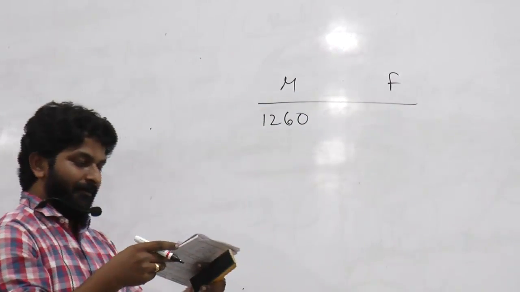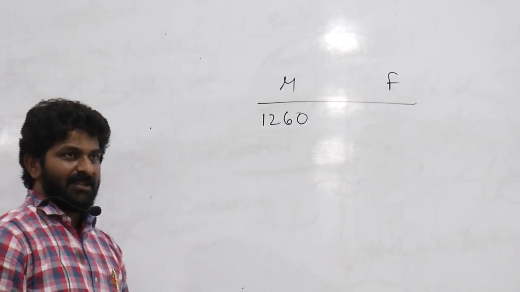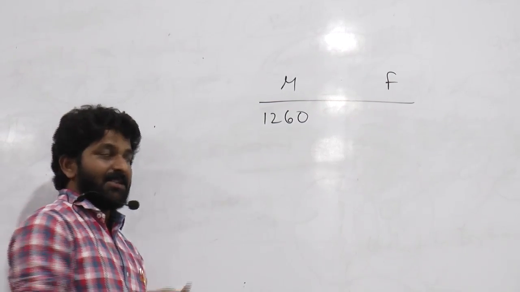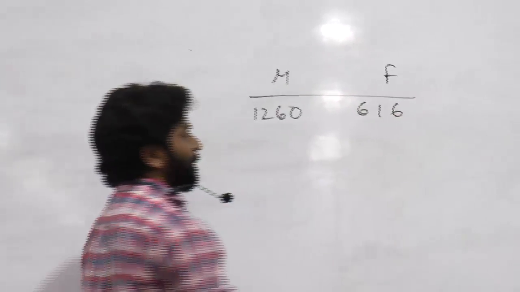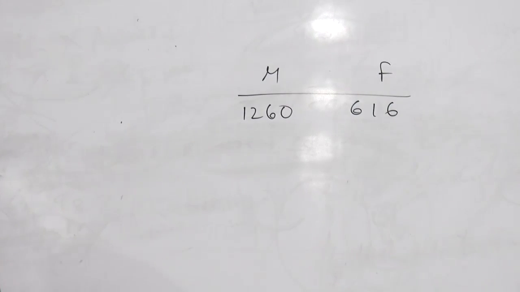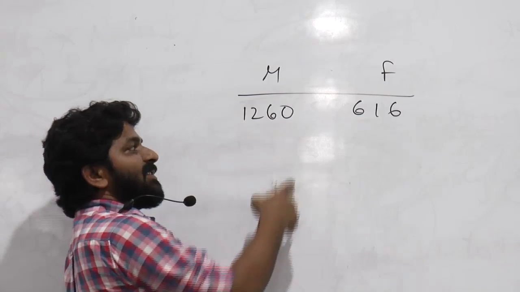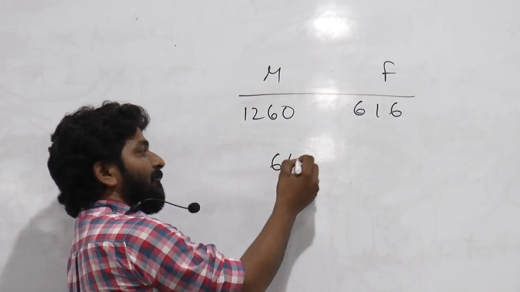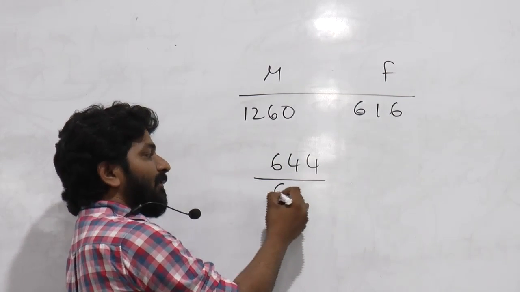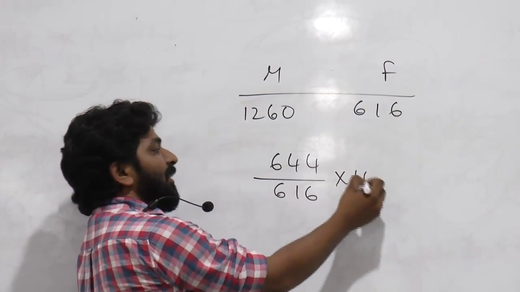And female in F: 11% of 5,600, 560 plus 56, is 616. So 1260 is how much percent more than 616? That's your question. So 1260 is 644 more than 616, into 100.